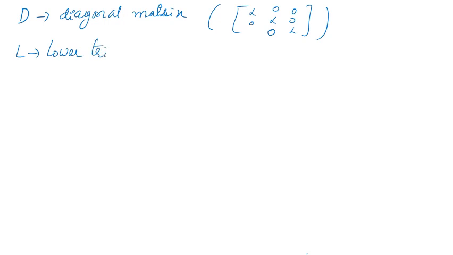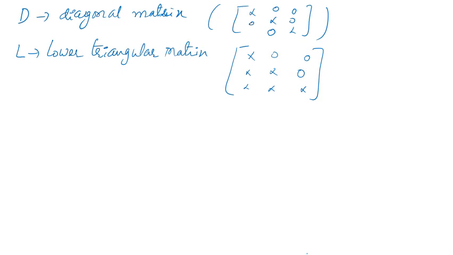Next one, lower triangular matrix. This is the principal diagonal position, and below the diagonal entries are there, and above the diagonal entries are zeros. That is called lower triangular matrix.